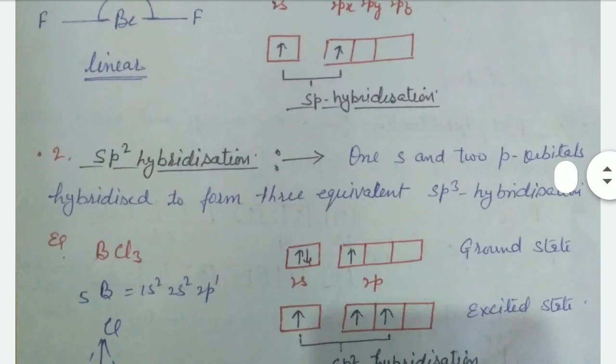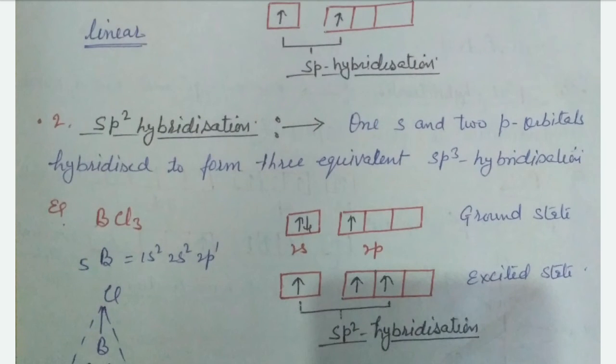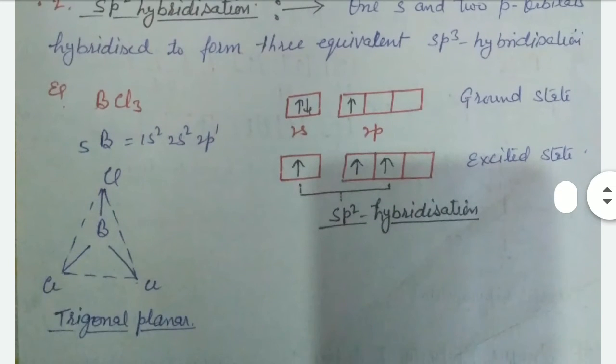sp2 hybridization: one s and two p orbitals are intermixed to form sp2 hybridization. It is sp2 hybridization, like BCl3. B has atomic number 5. It has 2s2, 2p1.